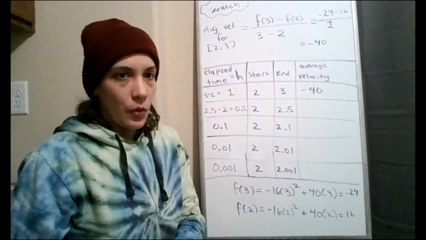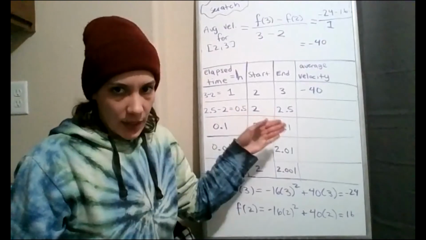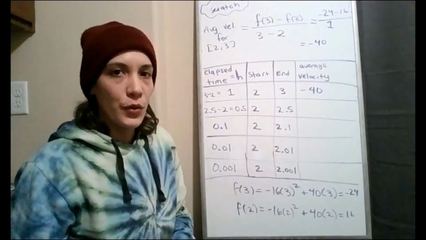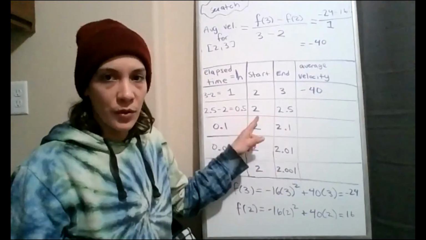Let's work through one more, and then I'll just give you the rest of the numbers. So let's do the average velocity for the interval from 2 to 2.5.